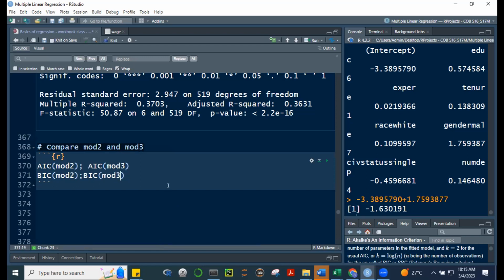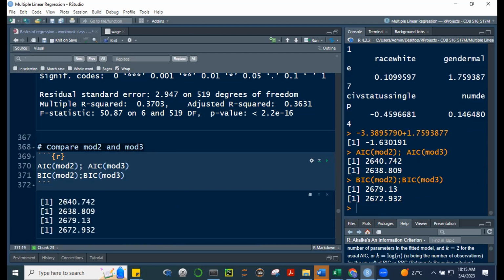So based on adjusted R squared, we know that model 3 is better. Now let's see if it's based on Akaike and Bayesian. Model 2 is 2640, model 3 is 2638. So based on Akaike, model 3 is better. Based on BIC, model 3 is also better.